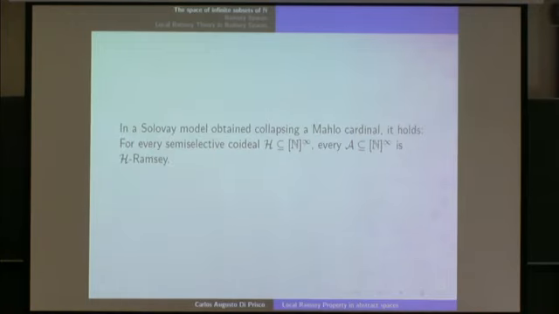Okay. Now, it can be shown that in a solvable model obtained by collapsing a Mahlo cardinal, the same as Matthias's result, every definable set, I didn't write the precise statement, any definable set in the extension obtained by Levy collapsing the Mahlo cardinal, and for every semi-selective coideal in that extension, the set is H-Ramsey.